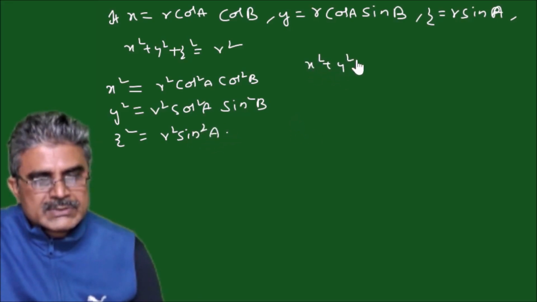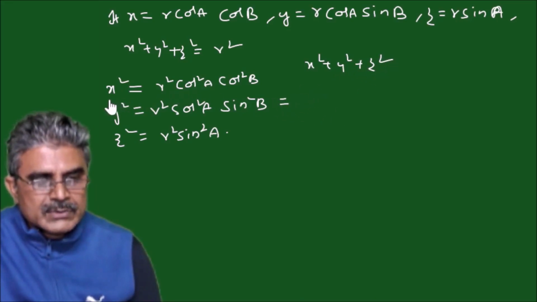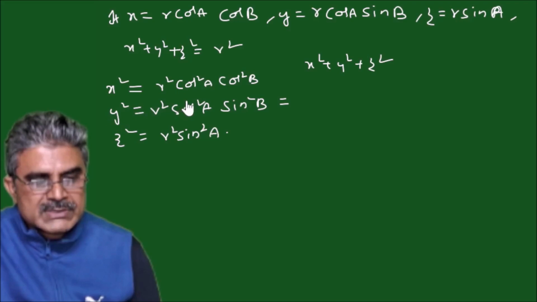Consider x square plus y square plus z square, which will give, so if you add these x square plus y square, in those two we have r square cos square a as common.